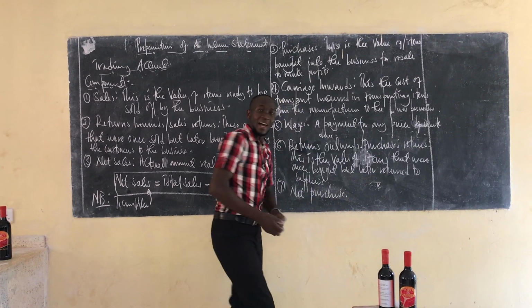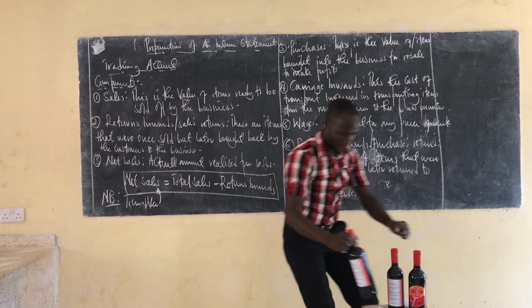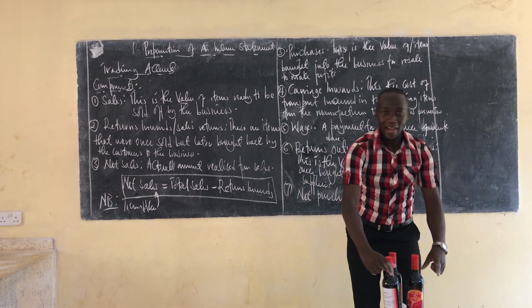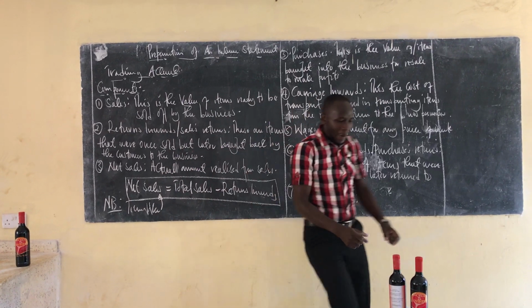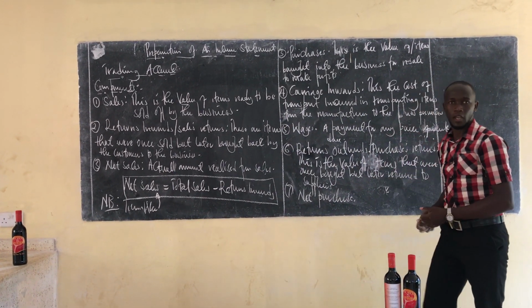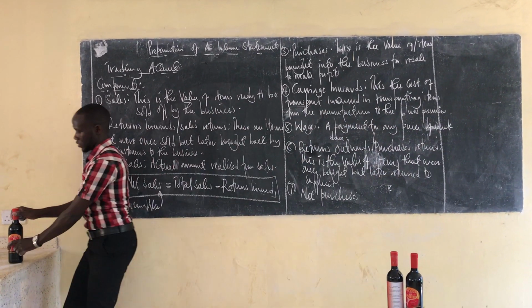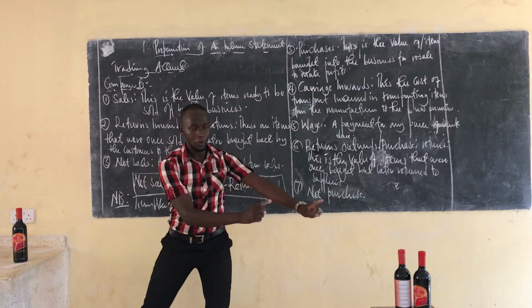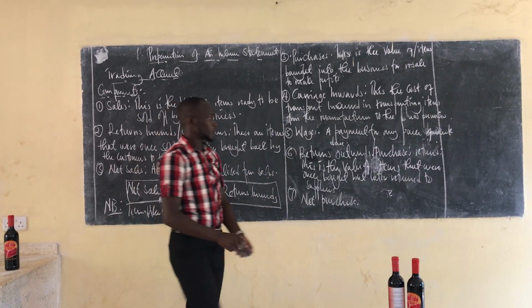The 7th component would be net purchases. Now, if I had bought these 3 bottles here, these were the 3 bottles that I had bought, and I took back this one bottle as a customer. So it implies my total purchases were 3 bottles, and that was 90,000. Those are the total purchases. Now, if I took back this one bottle, it implies I'm getting the total purchases, which were 3 bottles, minus the return outwards.